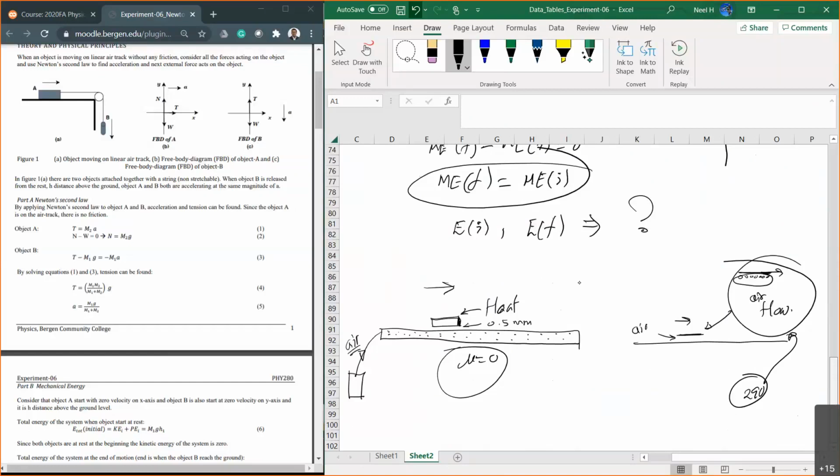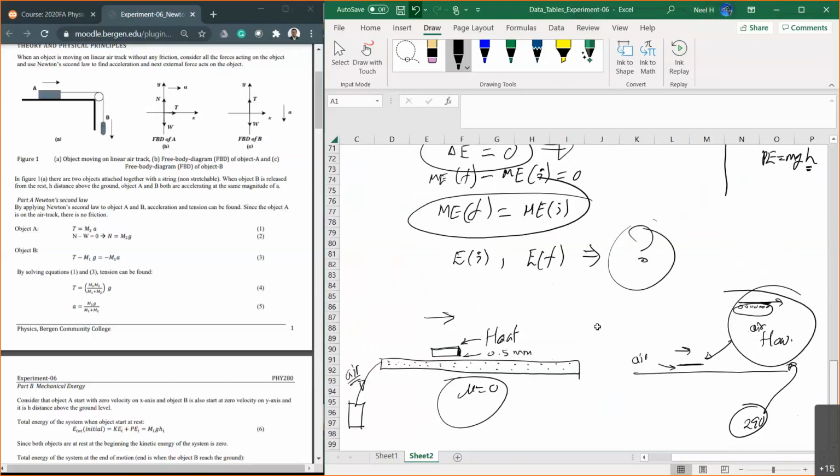You cannot technically get any real working condition like this with friction absolutely zero. Because of that, you may get a little bit of error here. The simulator includes very little friction, but if you do this in class, you will get a fairly significant error, maybe about 5% between the initial and the final energy, depending on how you measured. So that's the second part of the experiment.